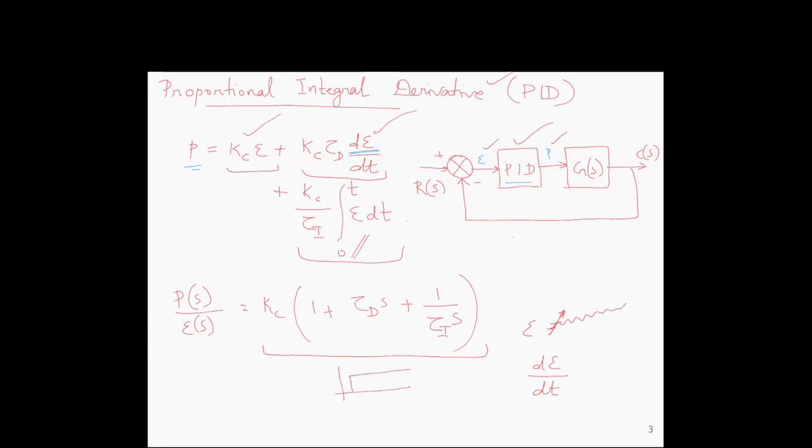In the integral controller, we take care of how long the error is persisting. If the error is persisting for a long time, the integral part will add up and the integral action will be more and more in the plant. But in the derivative part, how long the error is persisting is not taken into consideration. The only thing it takes into consideration is how rapidly the error is changing.